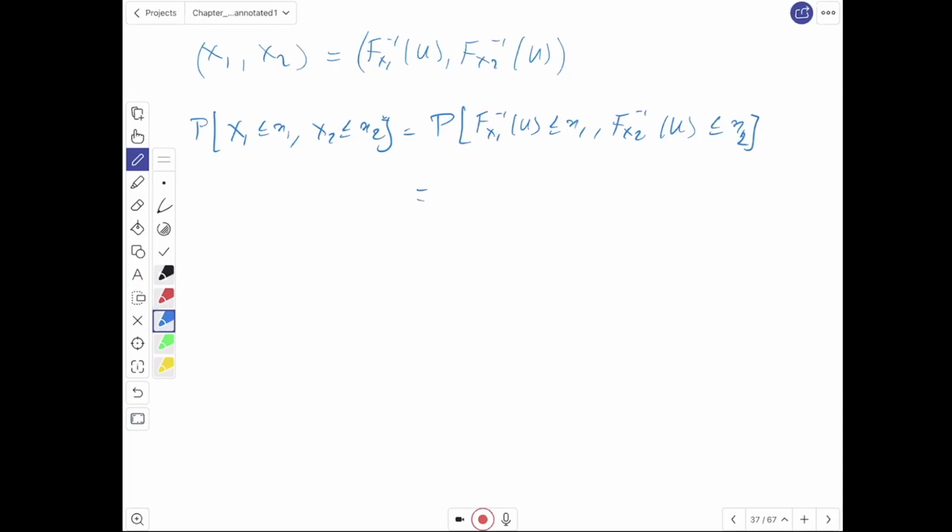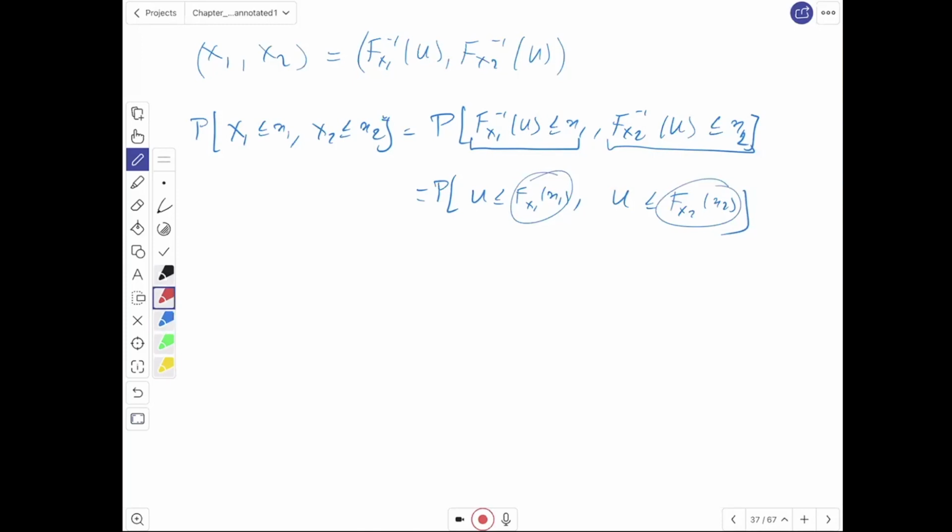Then, as we proved last week, this is equivalent with saying that U should be smaller than F_X1(x1). Same here: this is equivalent with saying U has to be smaller than F_X2(x2). First of all, these are probabilities, so in [0,1].